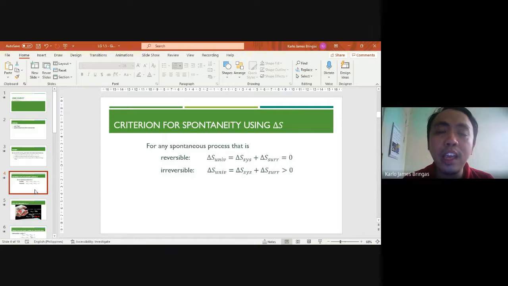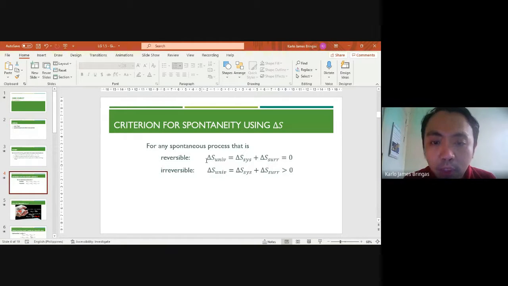This gives us a criteria to evaluate whether a process is spontaneous or not just by looking at the delta S. For a reversible process, delta S of the universe, which is equal to the delta S of the system plus the delta S of the surroundings, is equal to 0. Meanwhile, for an irreversible process that is also spontaneous, delta S of our universe is greater than 0.